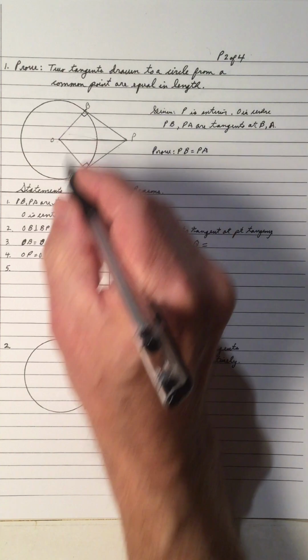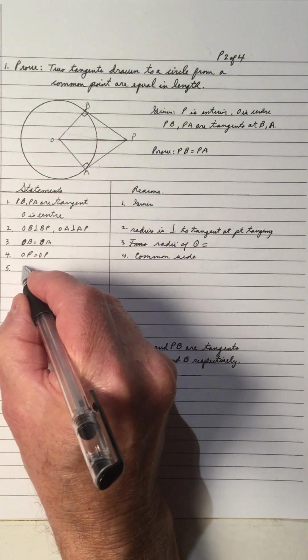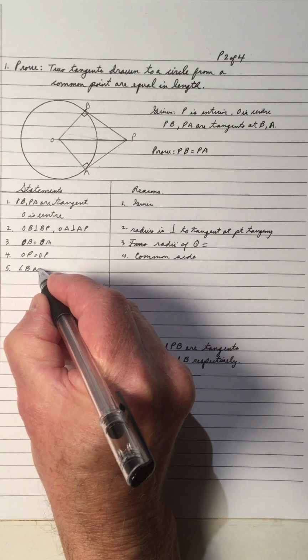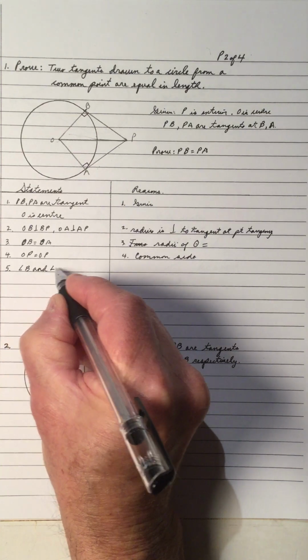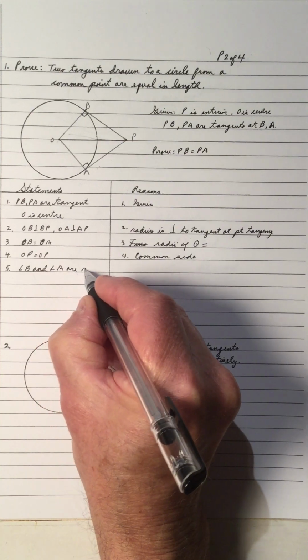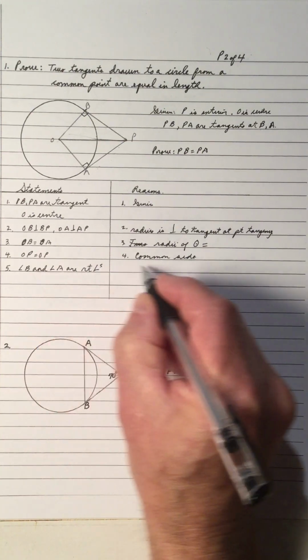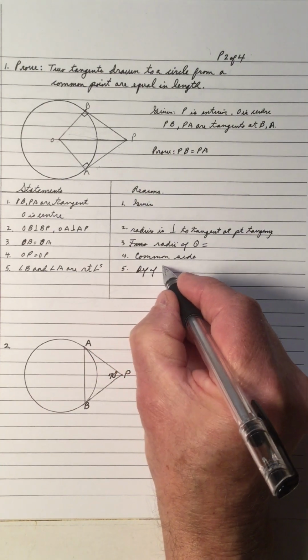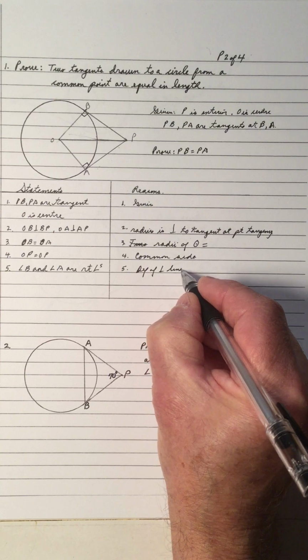Now, because we have perpendiculars, that means angle B and angle A are right angles. That's because of the definition of perpendicular lines.